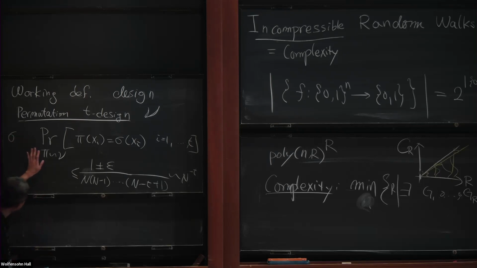So a permutation t design nu is a distribution over the permutation group.